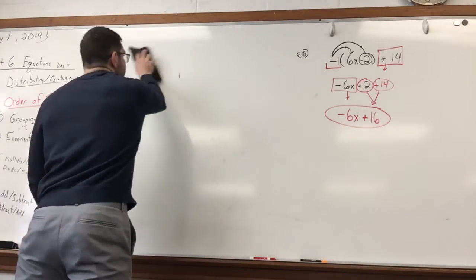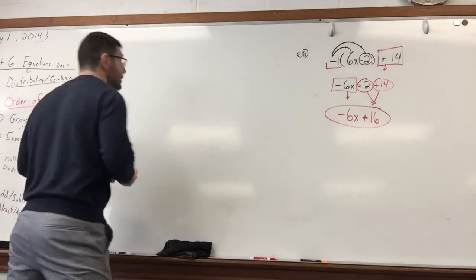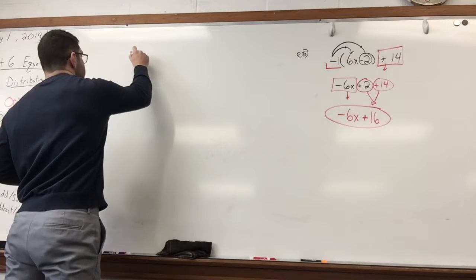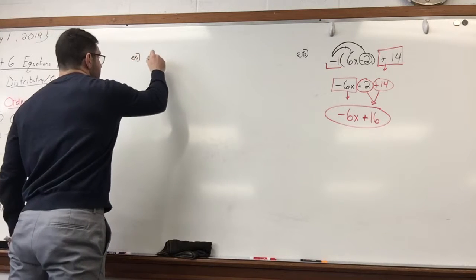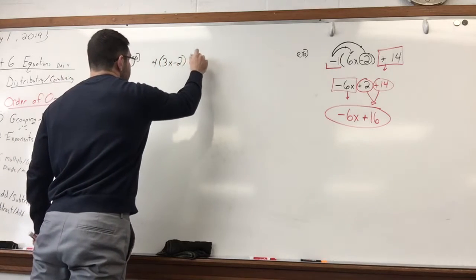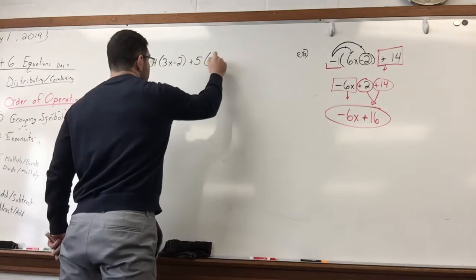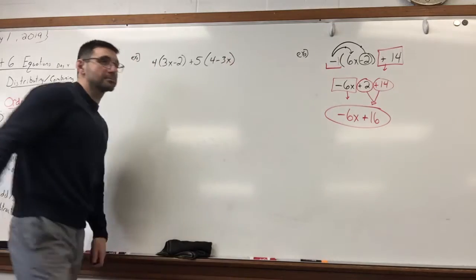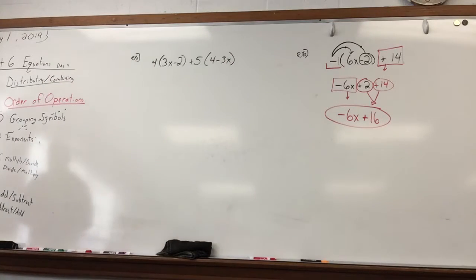Well, last one I'm going to do with you for the day. Because you also see problems like this. 4 times (3x minus 2) plus 5 times (4 minus 3x). Okay, Noah. What first, brother? Start with 4.